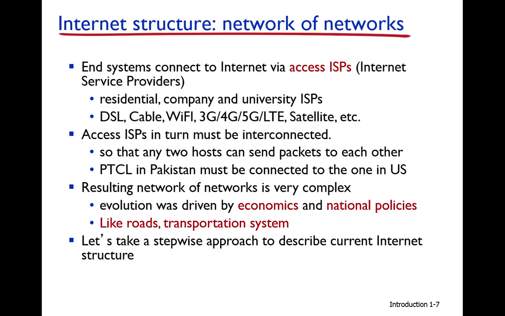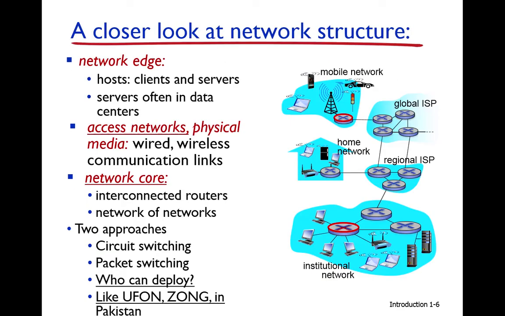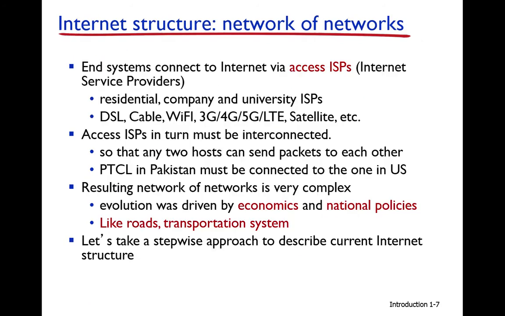Why? Because, for example, one user is connected through DSL, and the DSL is provided through PTCL, and another person is connected through 3G, for example through Ufone, in Pakistan.